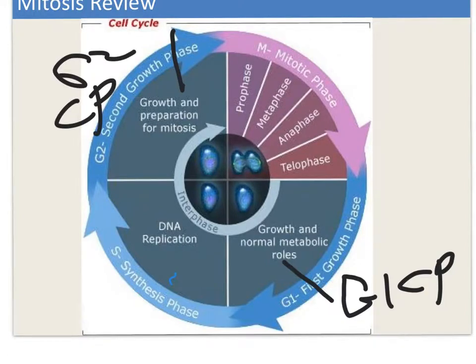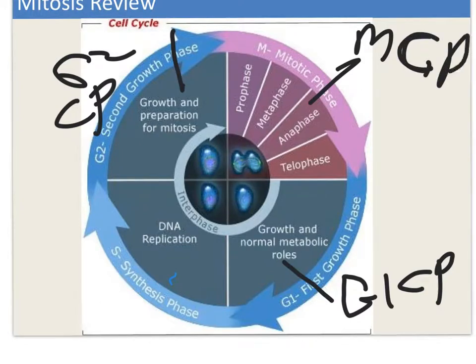Checkpoint. Okay, so there are three checkpoints. One in G1, after a cell has to have the right signal to replicate. If it starts replicating without that signal, the tumor suppressor system kicks in.